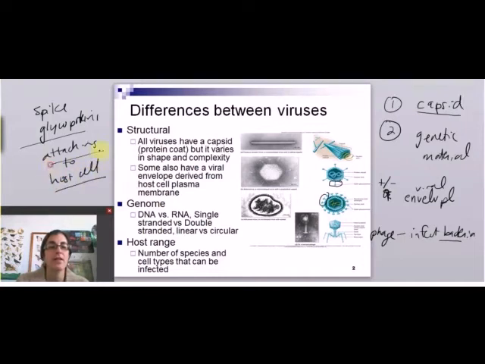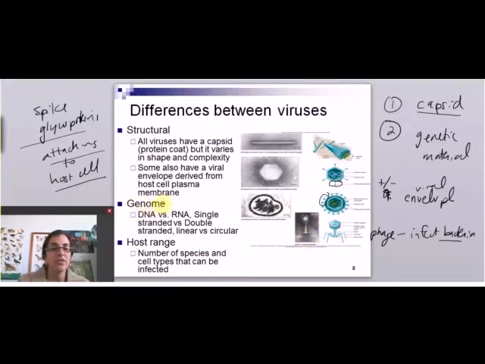Fundamentally, those spike glycoproteins help determine which cells this virus can infect. Structurally, all viruses basically have a capsid and genetic material. Some of them have viral envelopes and spike glycoproteins, and those capsids can take on different shapes.